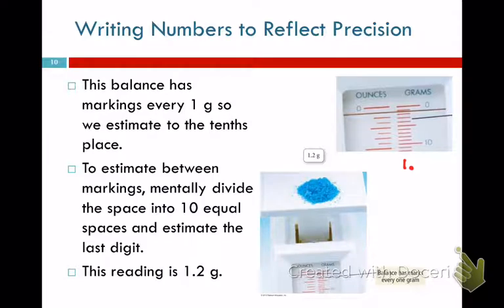So how many people say it's 1.5? How many people say it's 1.4? How many people say it's 1.3? 1.2? 1.1? You notice what happened? 1.5, nobody raised a hand. Is it 1.0? Nobody raises a hand on that one.